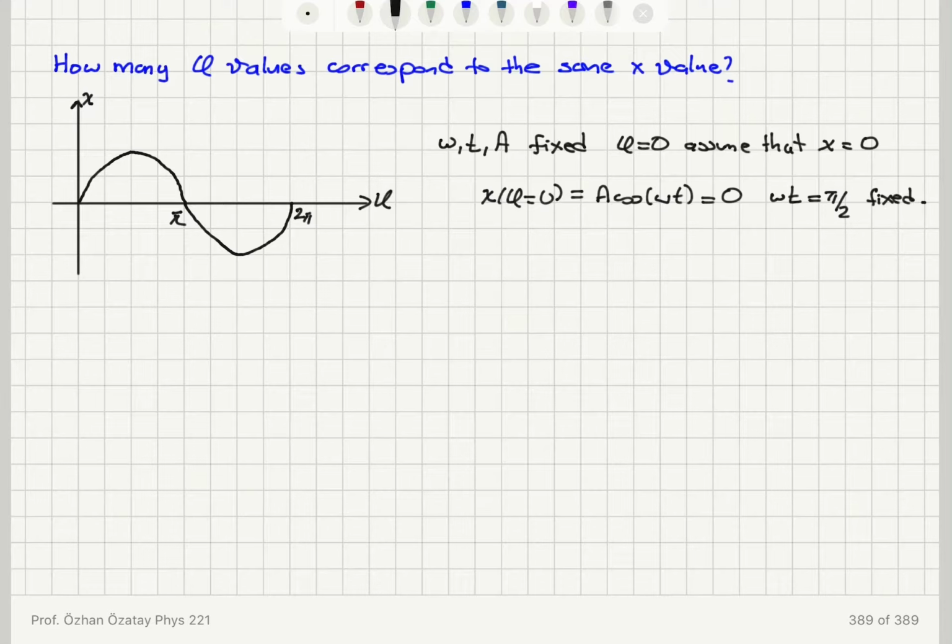So my function x of t that I'm plotting here is a cosine pi over 2 plus phi, so that when I have phi equal to pi, that means I really have a cosine 3 pi over 2, and that is going to give me 0.